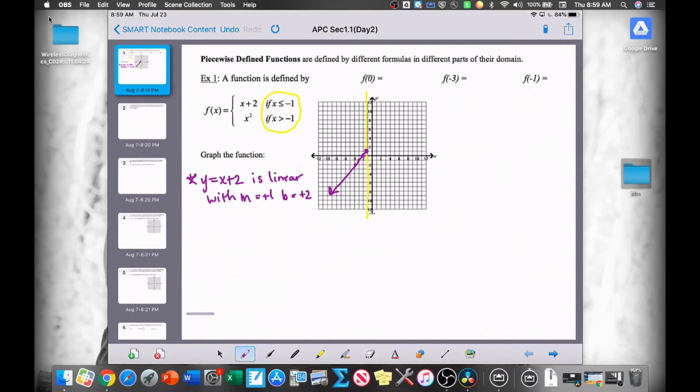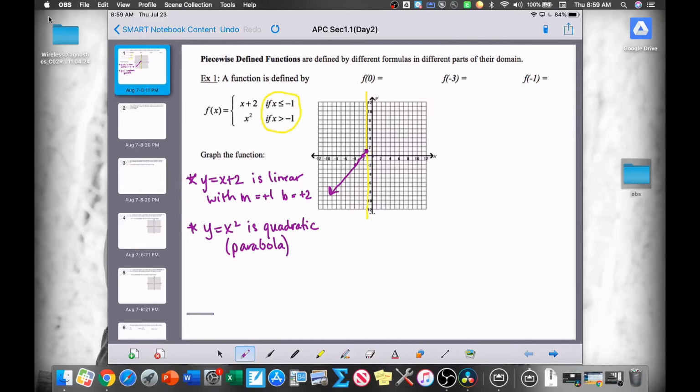On the right side of -1, we have y equals x squared. And y equals x squared is quadratic, which we know shape-wise makes a parabola. This doesn't have any transformation, so it's just your standard parabola with a vertex at 0, 0.